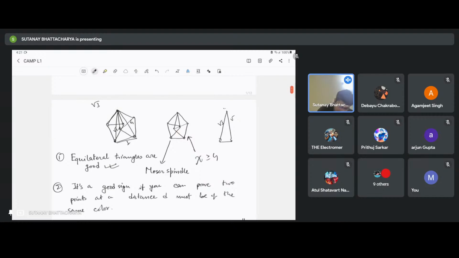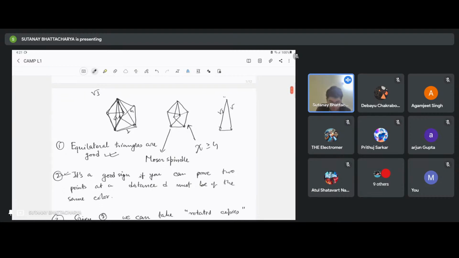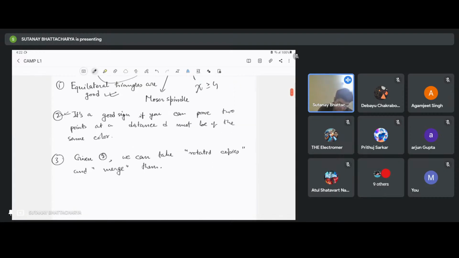So in this diamond configuration, we have two points at a distance root 3, generic points that have to be the same color. If we manage to prove something like that, it's usually a good idea to take another rotated copy of that, so that this is the apex and the two opposite vertices are at a distance of 1, and merge the diagrams together to form this spindle-like thing. So these are 3 heuristics that will be later useful. So keep those in mind.